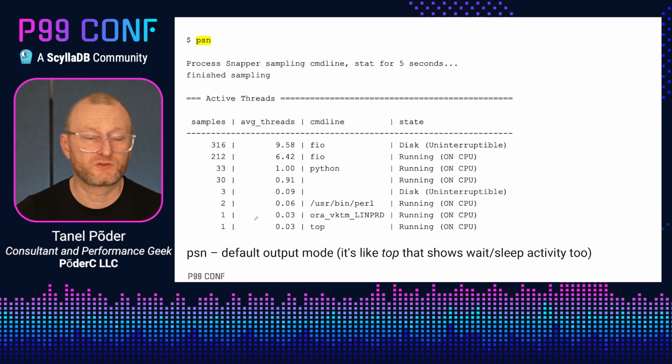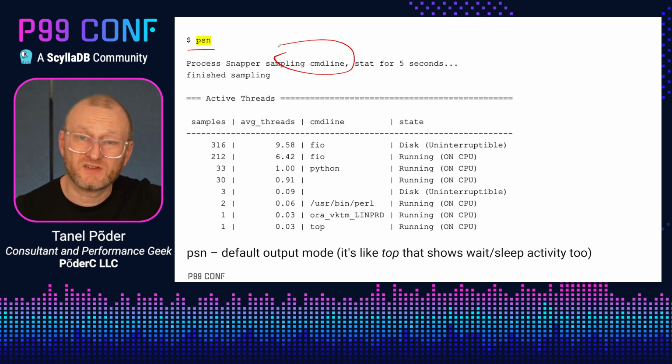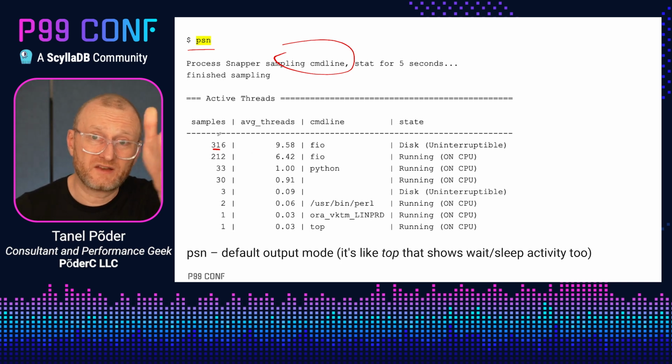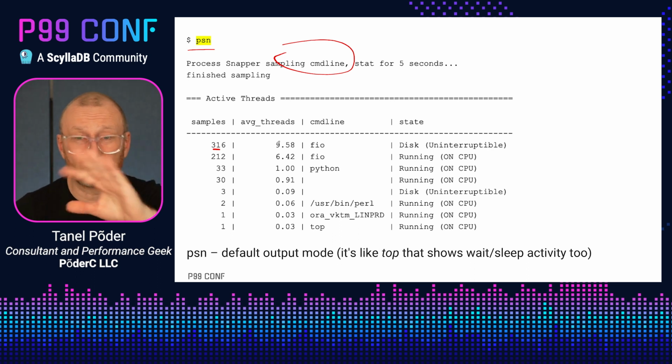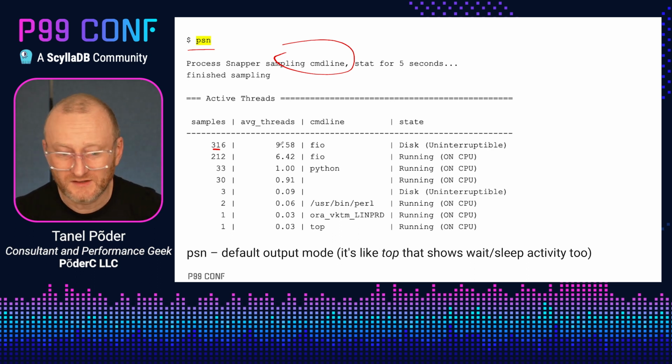Okay, the old school PSN tool basically samples the Proc file system, samples what threads in your Linux were doing, and then it shows you a summary, right? In this case, it took a few hundred samples, and it knows how many samples it took, and it knows during how many samples some threads were in some specific state, right?